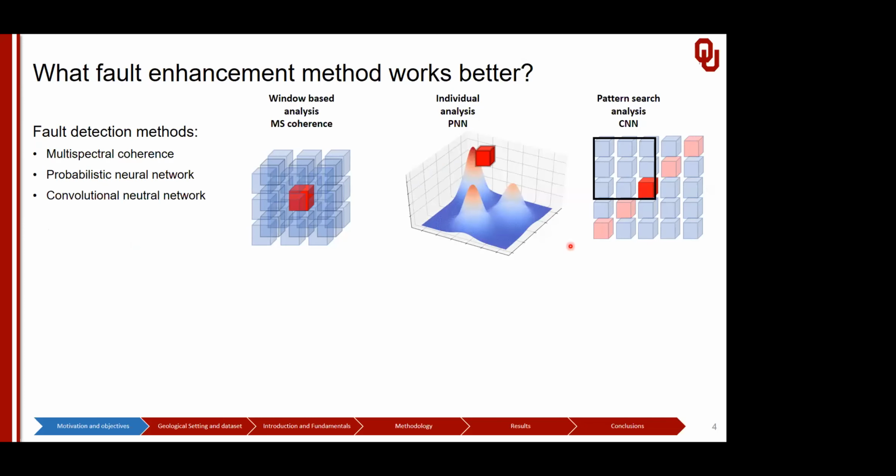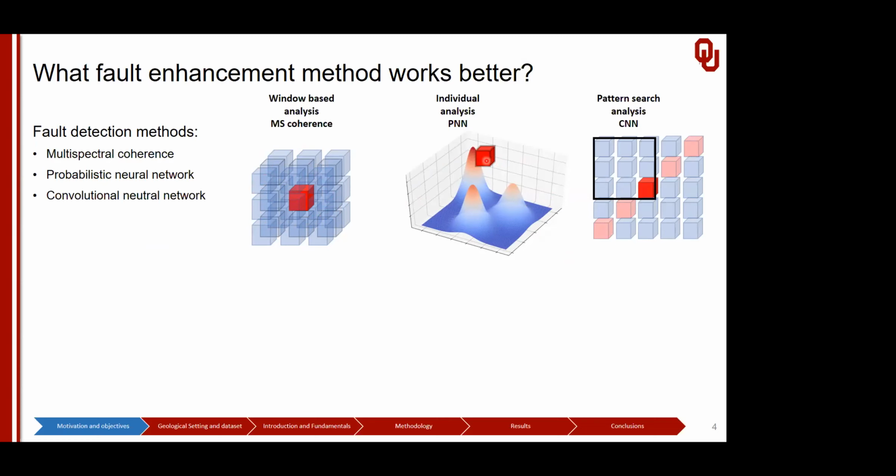There are several attributes and methods to detect faults, but I want to point out three general approaches. The first one you can see here is a window-based analysis. Here the methods identify the position of one sample and then analyze the surroundings using a specific window size. A second type is an individual sample analysis.